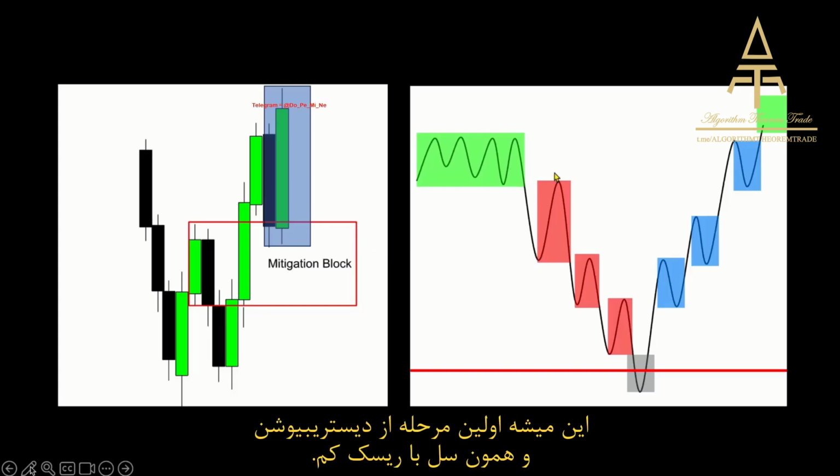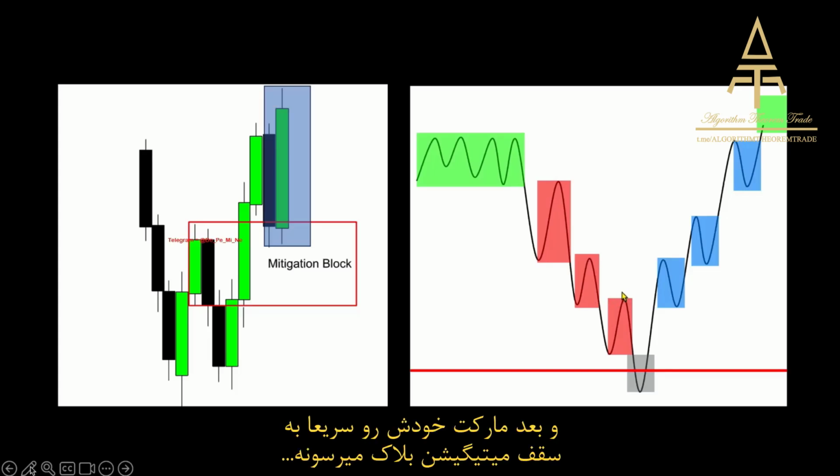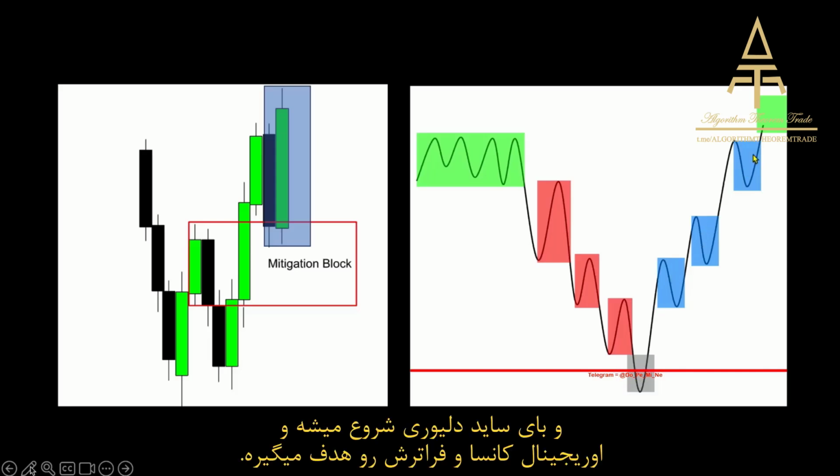It retraces here, first stage of distribution or a low sell, second stage of distribution, and finally a third stage of distribution or redistribution. Then the market expands aggressively into the mitigation block high, which is annotated by this fat red line. Smart money reversal occurs right here, and boom, buy side delivery occurs, targeting the original consolidation and beyond.